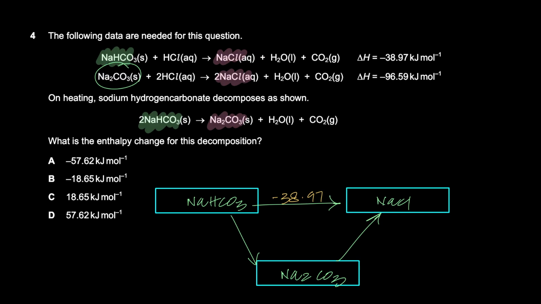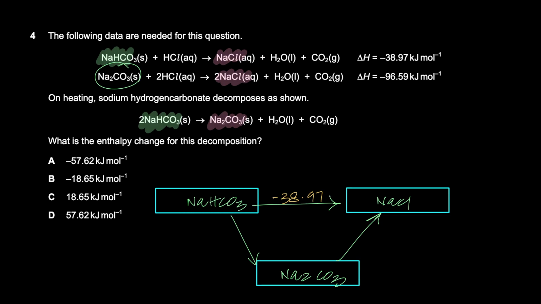If you want to go here, you'll realize that you need 2 NaHCO3s, whereas you only have 1. I've picked out equation 1 by taking this as my starting stage and this as the end stage, but equation 1 is for 1 NaHCO3 going into NaCl. This is NaHCO3 going into Na2CO3, which is for 2 of these. So if I were to go from this to this, I would need 2 NaHCO3s.